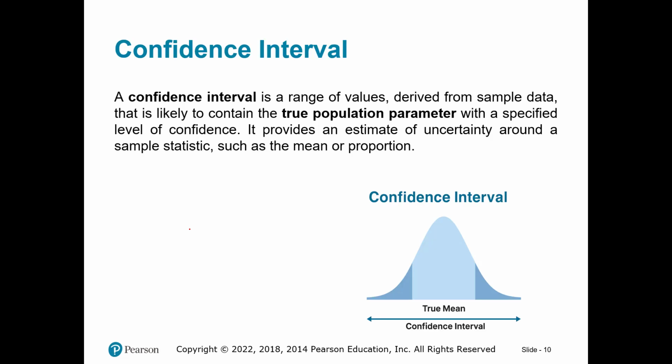And then, as we said, the confidence interval is a range of values that is derived from the sample data that is likely to contain the true population parameter with a specified level of confidence. So it provides an estimate of uncertainty around a sample statistic, such as the mean or proportion.